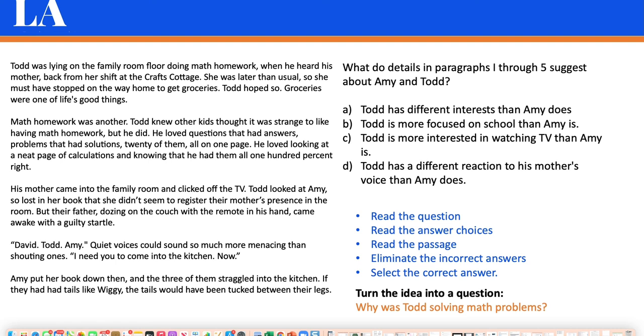David, Todd, Amy, quiet voices could sound so much more menacing than shouting ones. I need you to come into the kitchen now. Amy put her book down, and the three of them straggled into the kitchen. If they had tails like Wiggy, the tails would have been tucked between their legs.